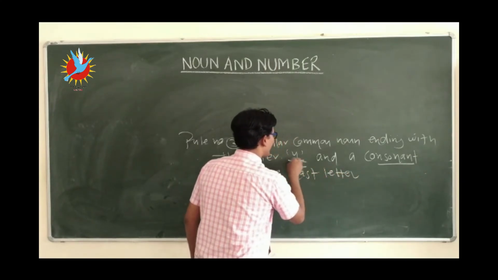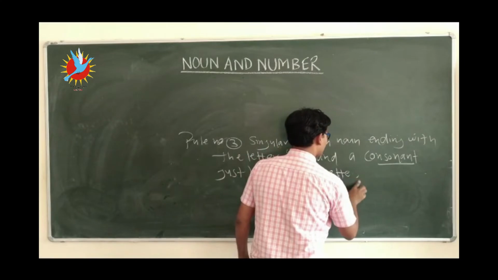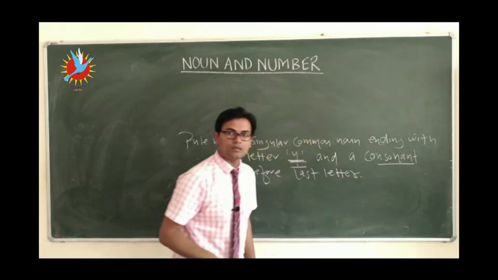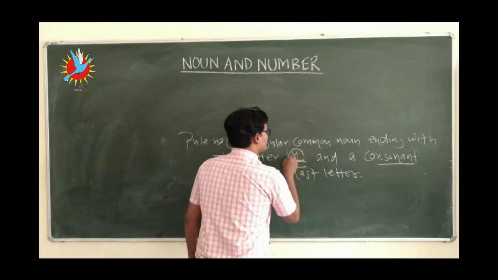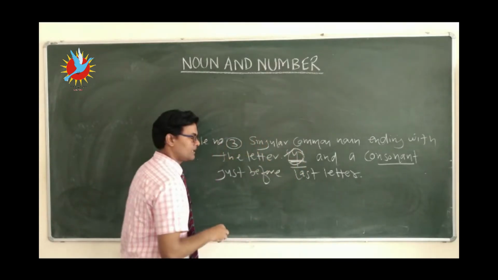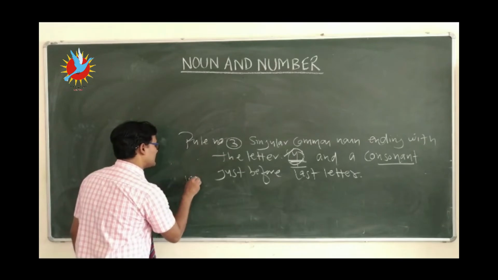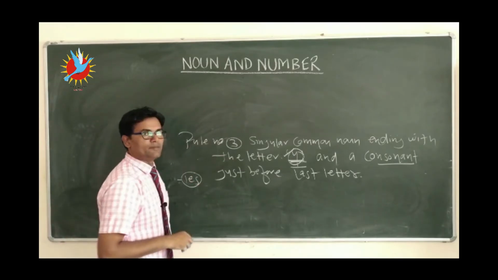And you know y is the last letter according to this rule. Then what do we do? We remove this y and add ies in place of y.